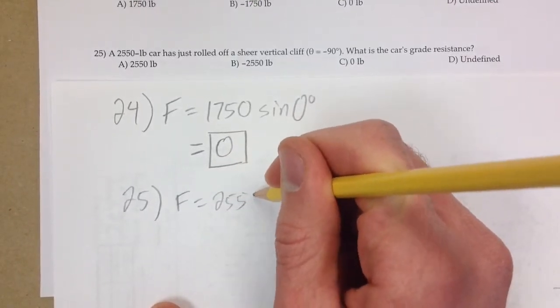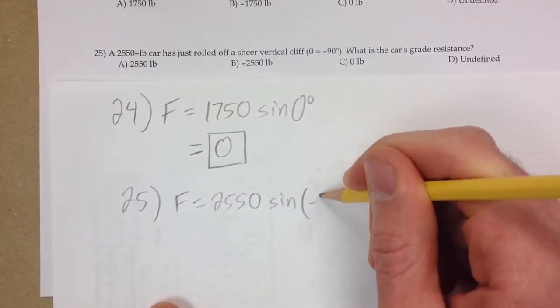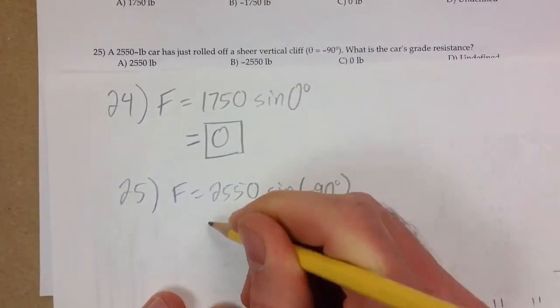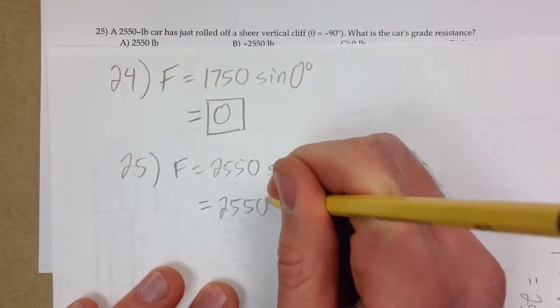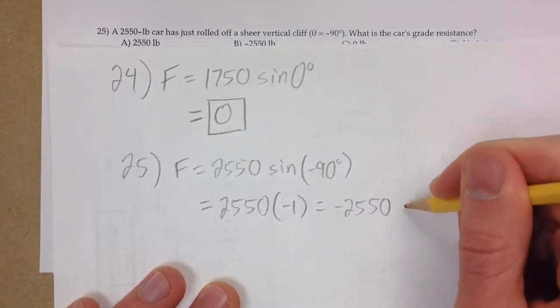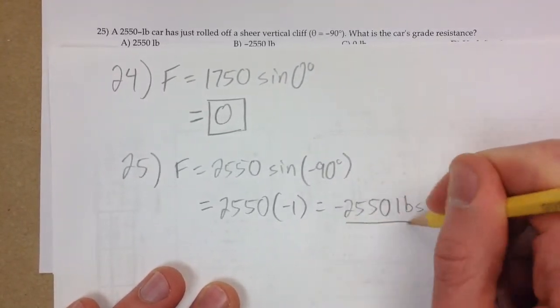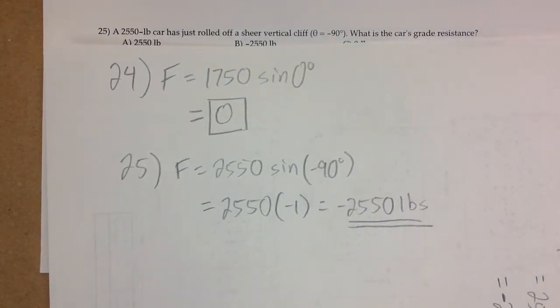So I expect it to be the entire weight of the car. And I know that the sine of negative 90 degrees is negative 1. Going down. Yeah, because it's negative.